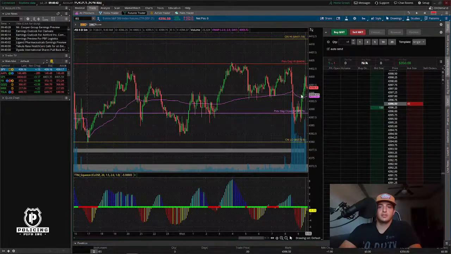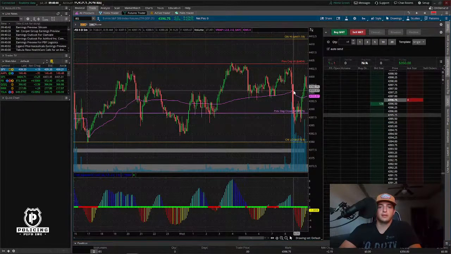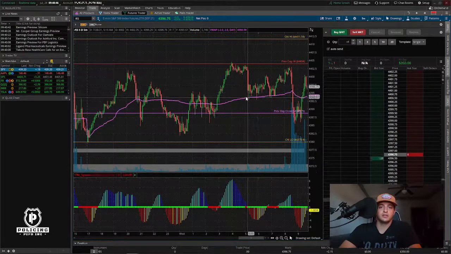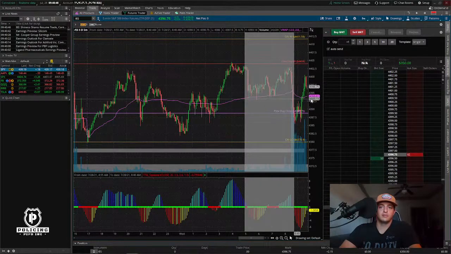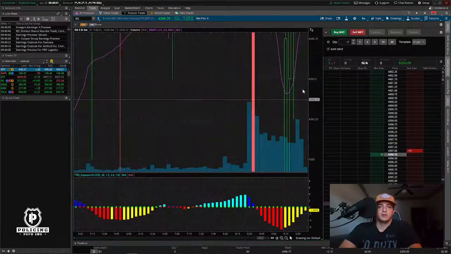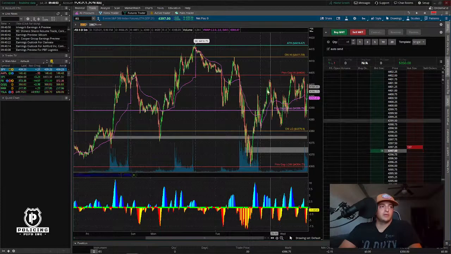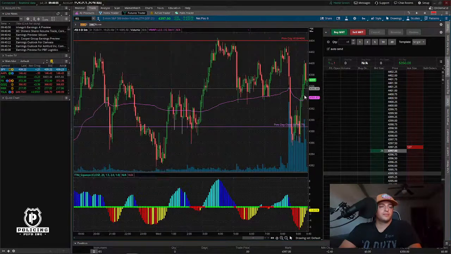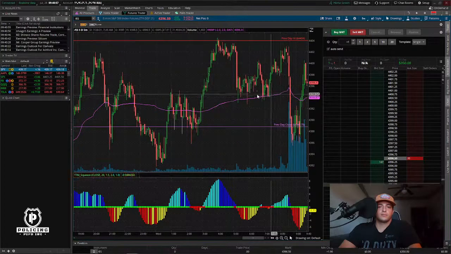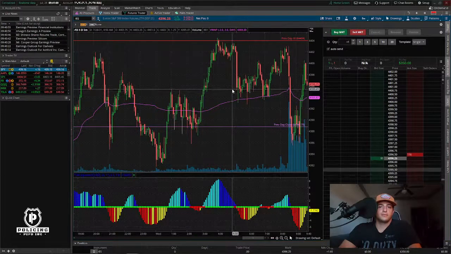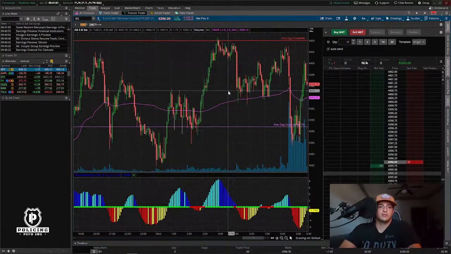I am potentially looking to enter on this pullback to catch my next little run up. I like to have this here so I can see a little bit more.